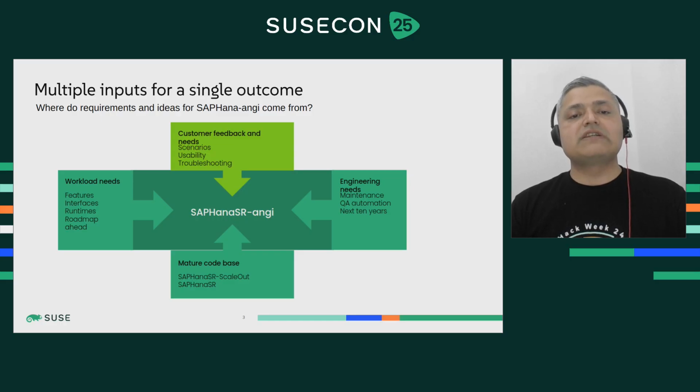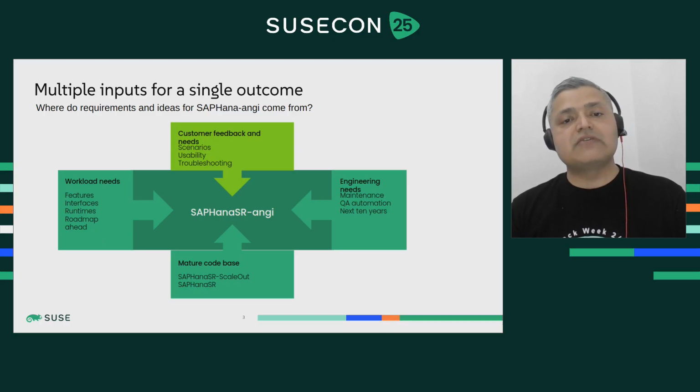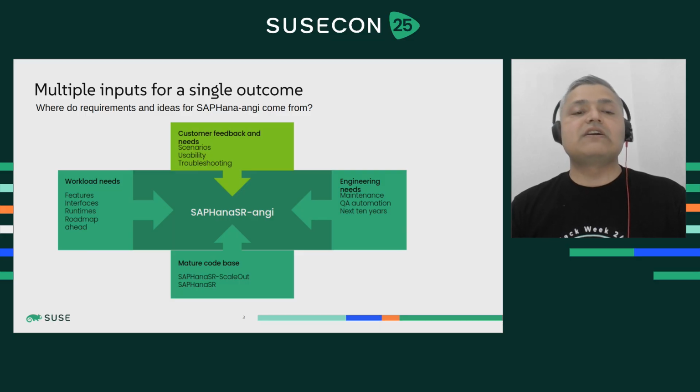The foremost reason is the continuous feedback from customers, based on their different setups and scenarios, different usability, and different troubleshooting needs. So yes, they were the most driving factor for this new package. But there are other factors as well.